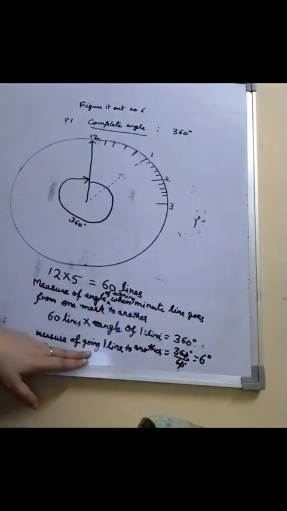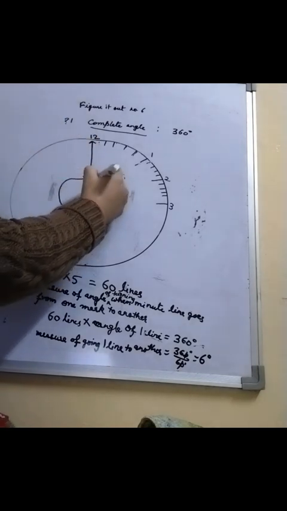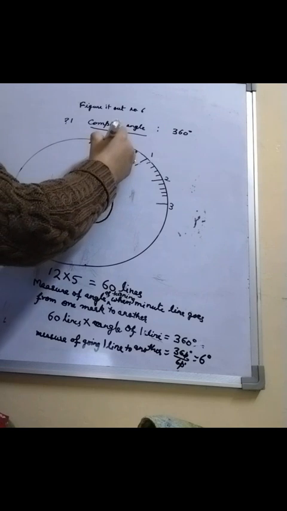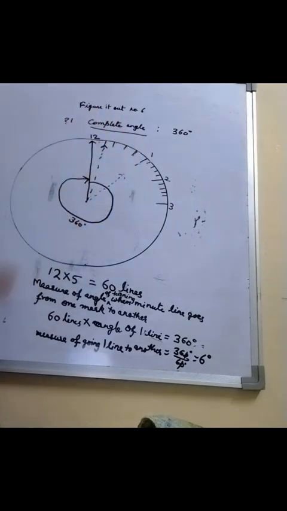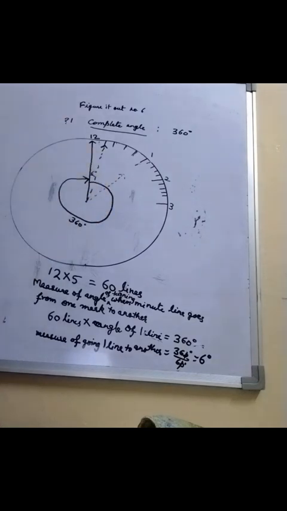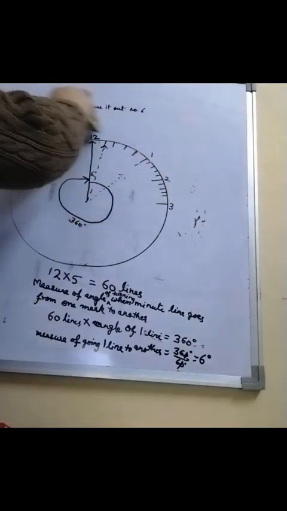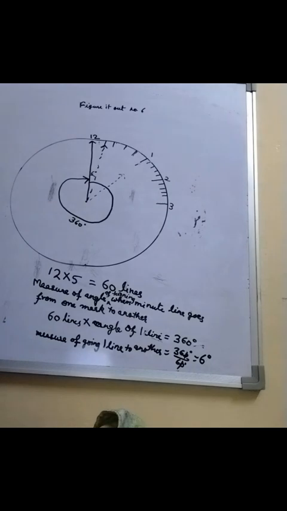Now the measure of one line means when this minute hand goes to the next line, you get an angle equal to 6 degrees. Okay. Now how many lines are between when the clock is showing 1 o'clock?